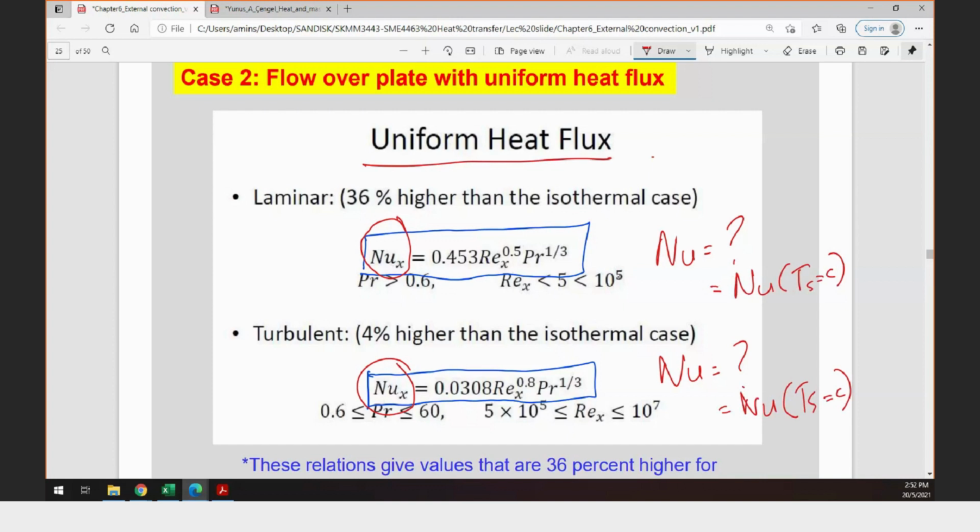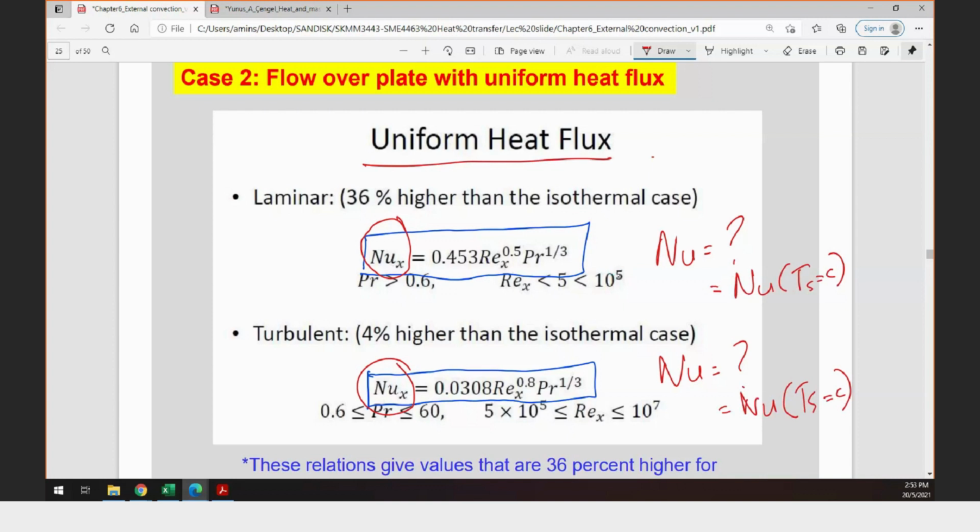So under uniform heat flux, if you want to calculate h for the entire plate, you can use the Nusselt number for laminar for the constant Ts case, and the same goes for turbulent.